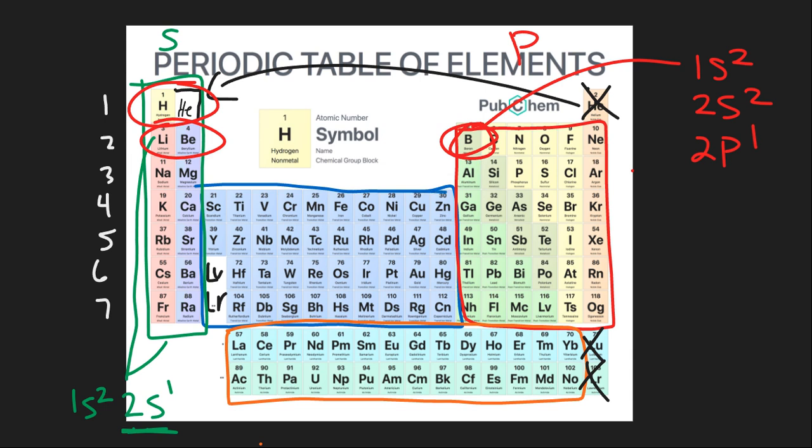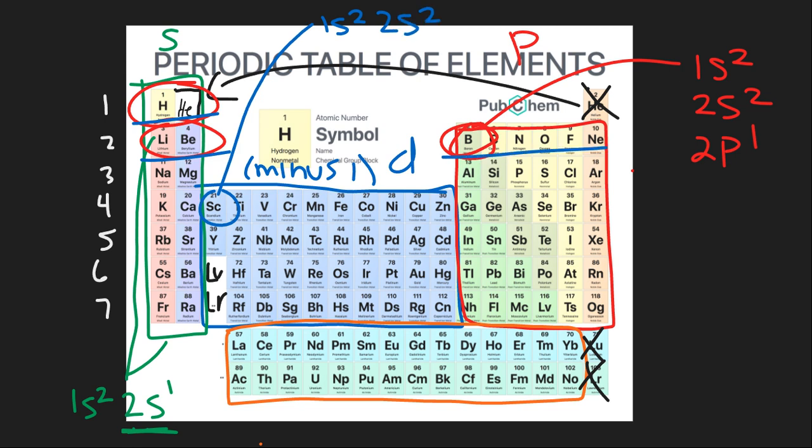This middle section here is the d section. And something to remember with the d section is that it is minus 1. What does that mean? Let's see with scandium. So we have 1s2, 2s2, 2p6. We again have 3s2.